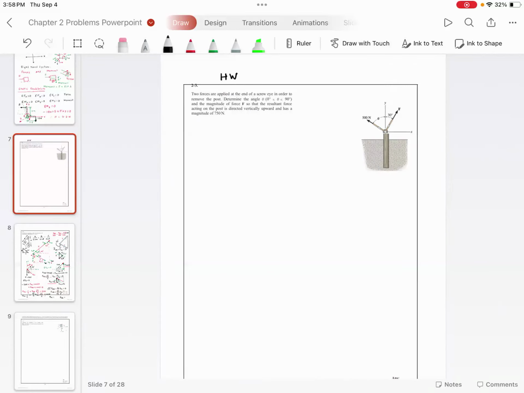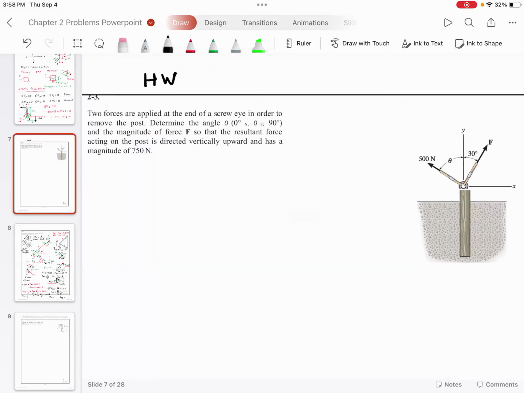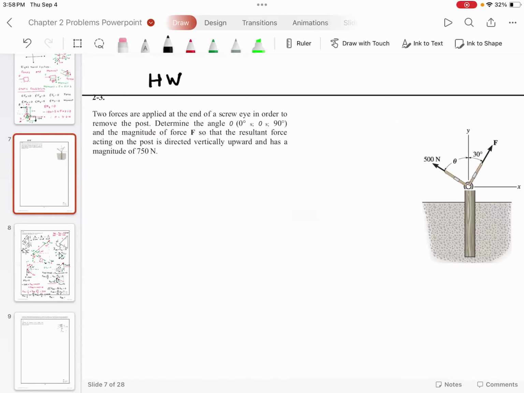I have given you the solution of this problem, but first, try to work this problem out. This problem is actually very simple. I'll just set it up.